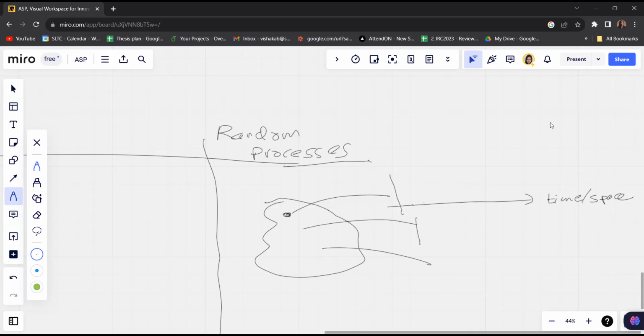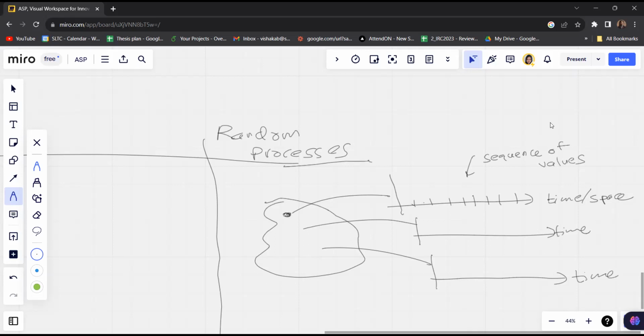So the outcome of the experiment will be a waveform along time, let's say, right? The outcome will be obtained along a number of time instances. So the outcome will not be a single number, it will be a sequence of values.